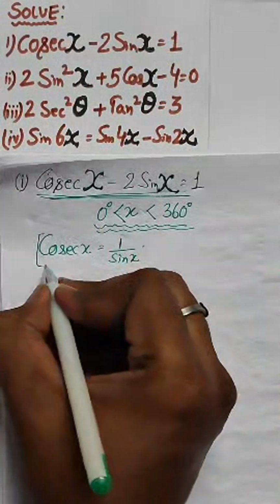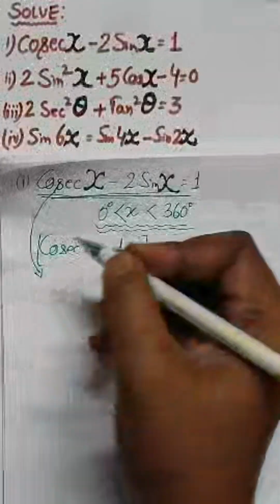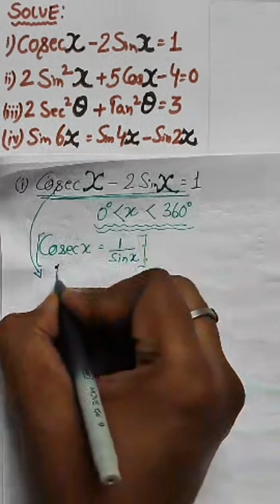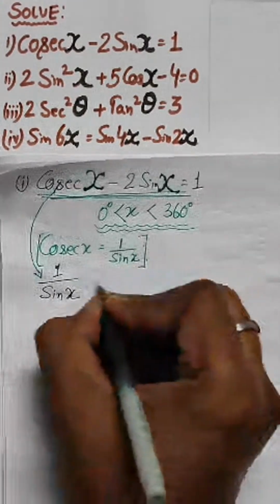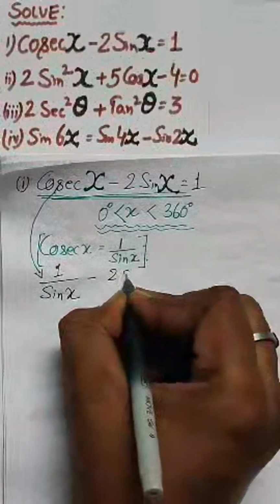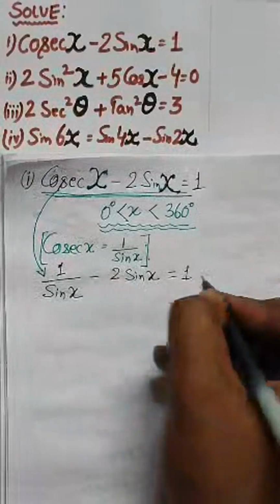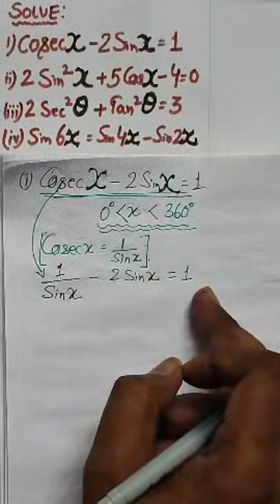Since this can be written so, the above equation simplifies to 1 by sin x minus 2 sin x is equal to 1, isn't it?